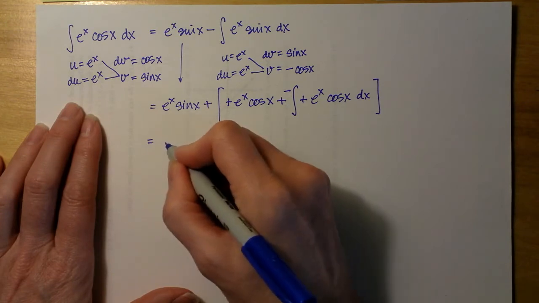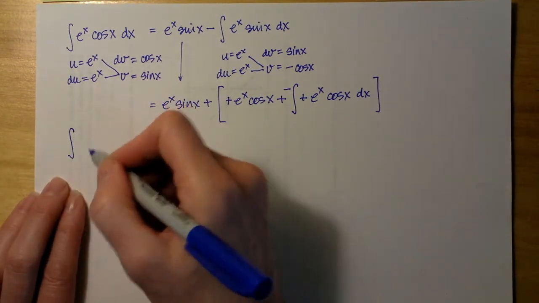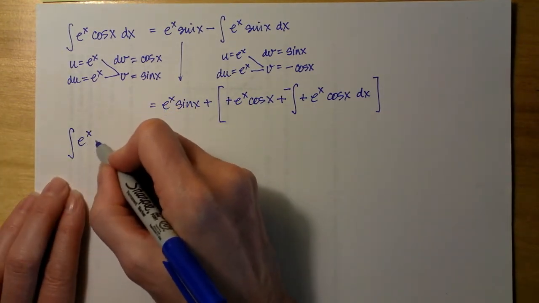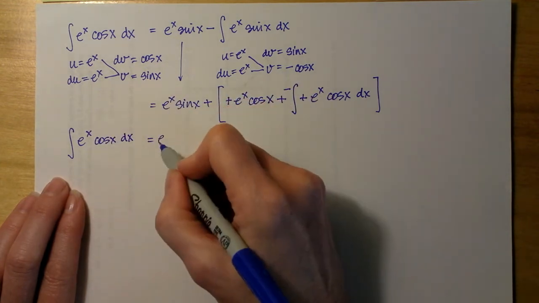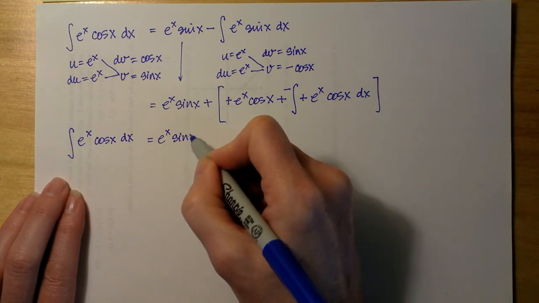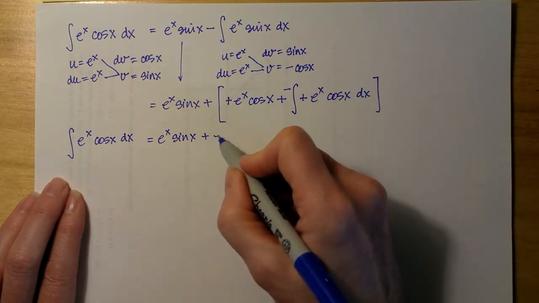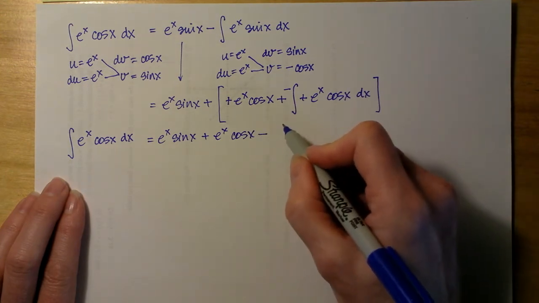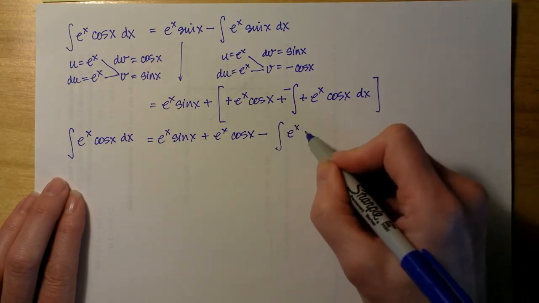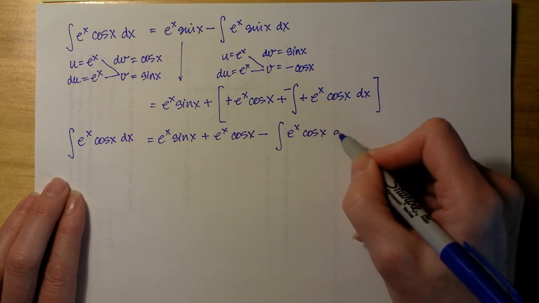So now I have the antiderivative of e to the x times the cosine of x is e to the x times the sine of x plus e to the x times the cosine of x minus the antiderivative of e to the x cosine of x dx.